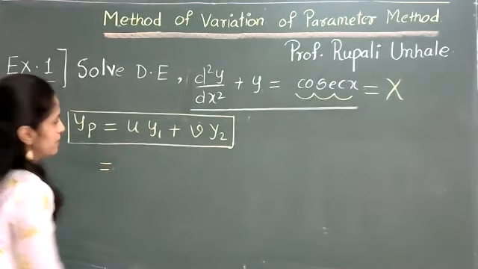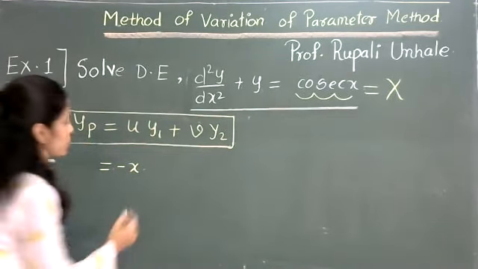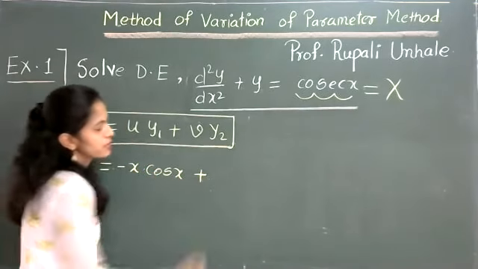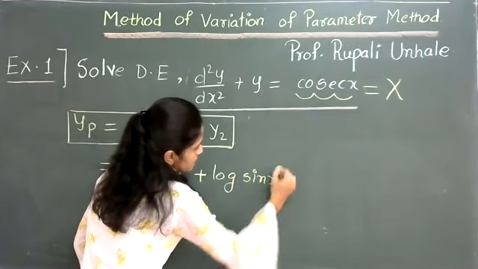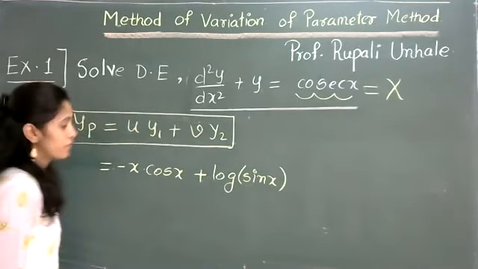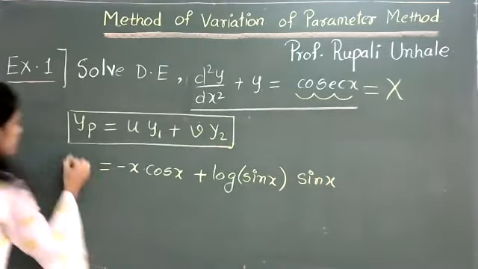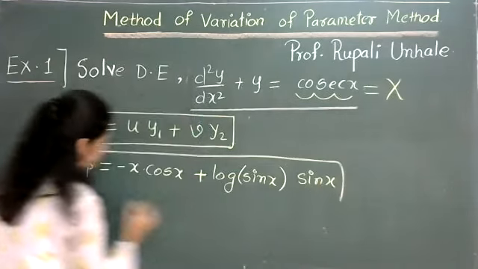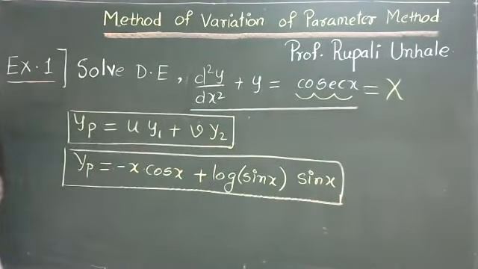So the particular integral becomes: the value of u is minus x, the value of y1 is cos x, the value of v we got is log of sin x, and the value of y2 is sin x. So we got the value of the particular integral. So step number 2 is over.